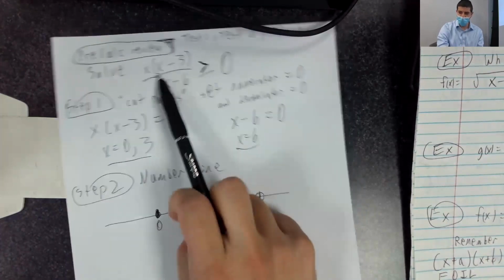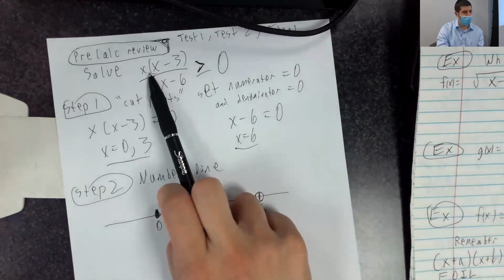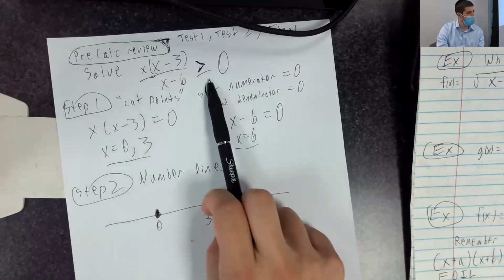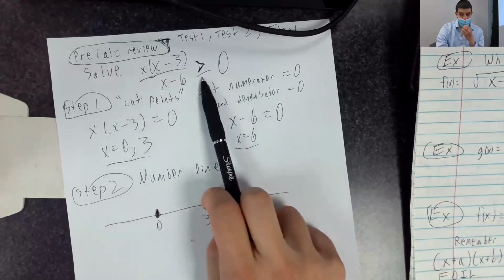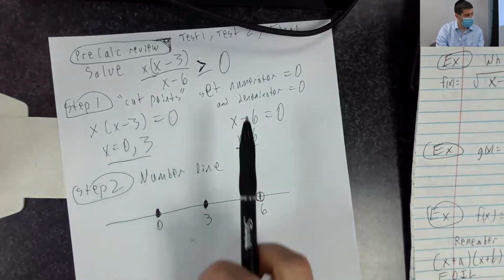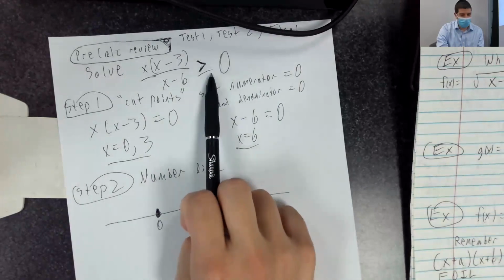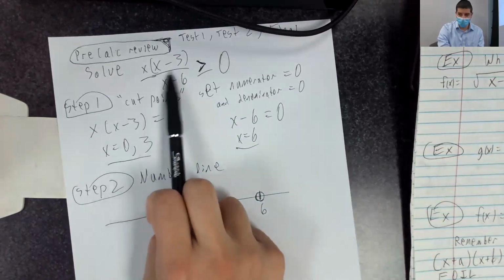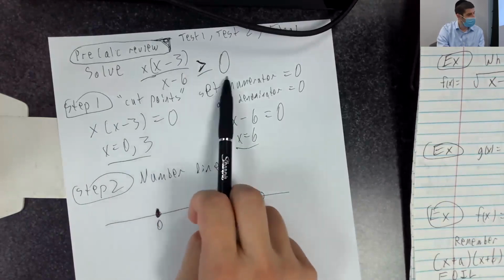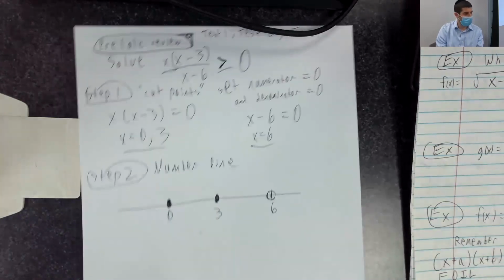What happens if x is 0? I get 0. Am I allowed to be 0? Yeah. If it was just greater than, that means I'm not allowed to be 0, so I'd put an open circle. But greater than or equal to, I could be 0. If I plug in 3 in the numerator, what happens? 0. Am I allowed to be 0? Right. Closed circle.